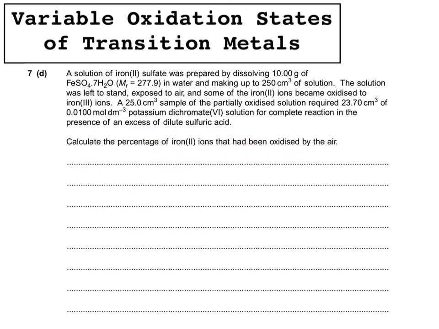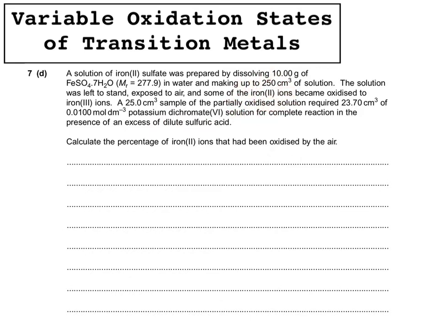So the first thing to do with any of these sort of questions is to write out the equations. So at the end they did a titration. This is a redox titration between dichromate ions and the iron 2 ions that were left over.